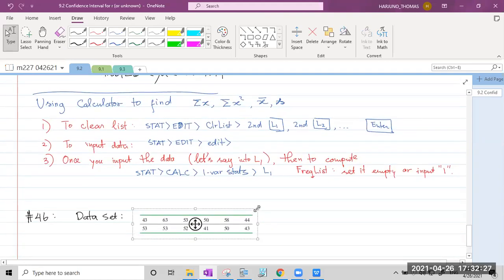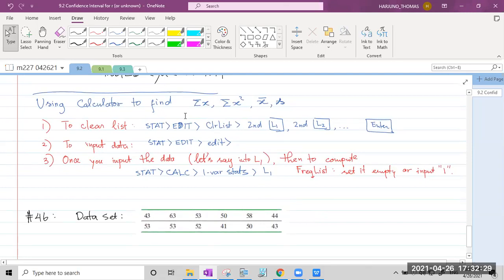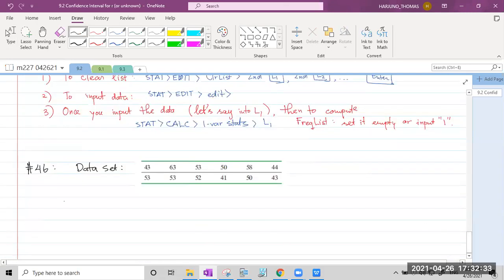Let me enlarge that a little bit. And what I want you to do is to find the sum of x and the sum of x squared, and then the sample mean and sample standard deviation using your calculator. The n is easy, the n is 12.